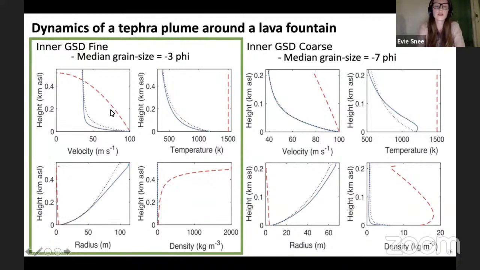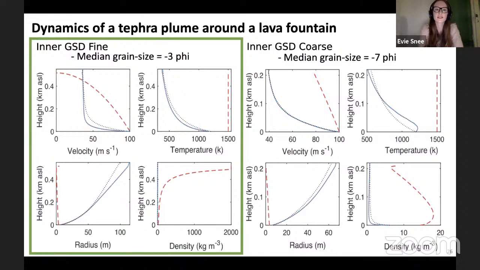We have 3 lines plotted. We have the red dashed, which corresponds to the profile of the lava fountain or the inner plume. We have the blue, which is the profile of the surrounding tephra plume. And then we have the dotted black, which is the profile of just a plume with no lava fountain, modeled by the standard integral plume model.